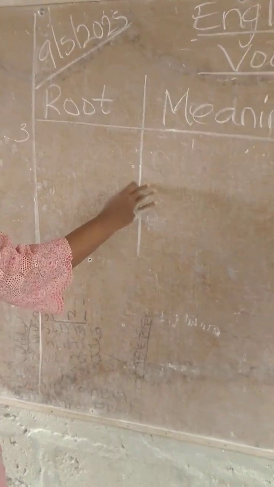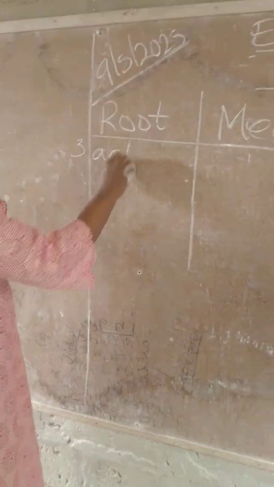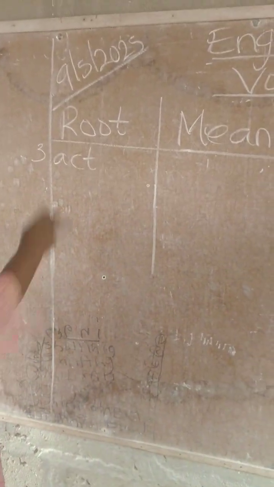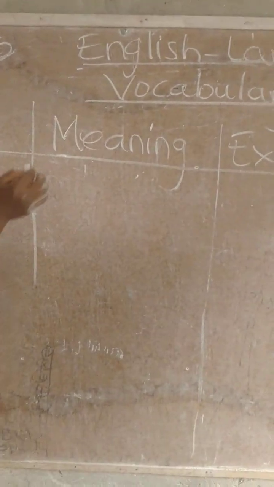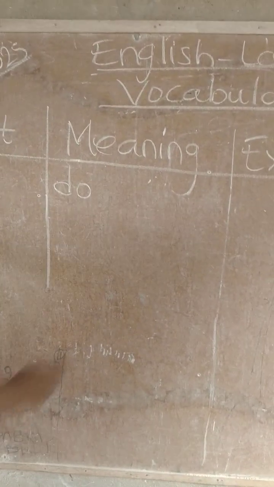The next one I want to look at that I've done before begins with what? ACT. Very good. ACT meaning do.